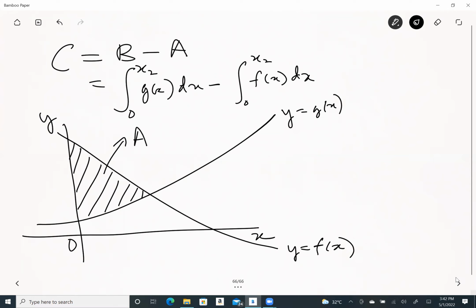Okay, cepat. Okay, just tell me, area under what curve?